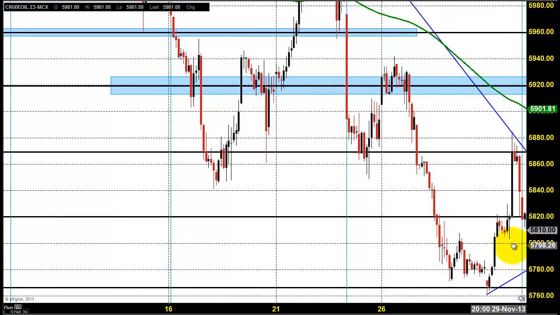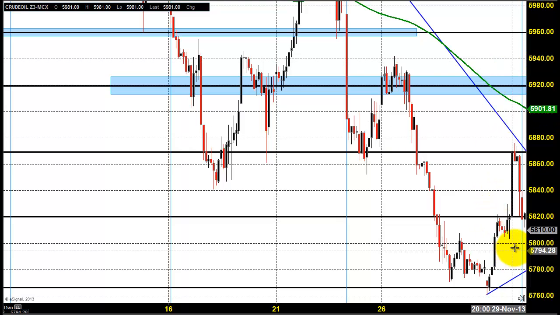What we expected last week was, we expected crude has got the potential to maintain its downtrend, and we had given a clear hint about the importance of 5860 and 5920. Till 5920 we expected crude to continue its downtrend. If we see a price action above 5920, we expected that price can reverse its trend.